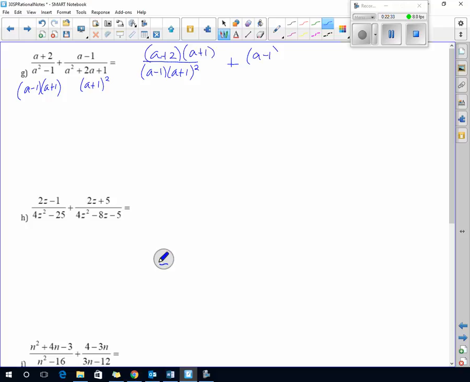So a squared plus 3a plus 2, plus a squared minus 2a plus 1, all over (a plus 1) squared, (a minus 1). So you get 2a squared plus a plus 3 over (a plus 1) squared (a minus 1). a cannot equal plus or minus 1.